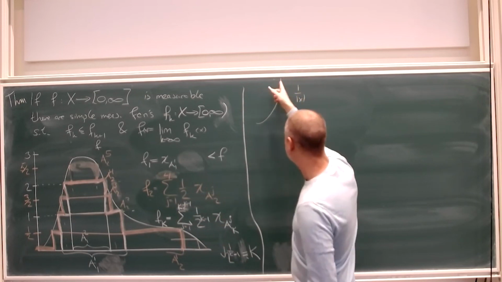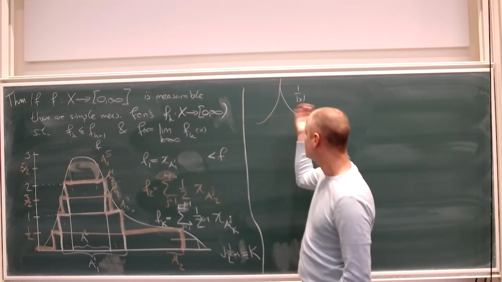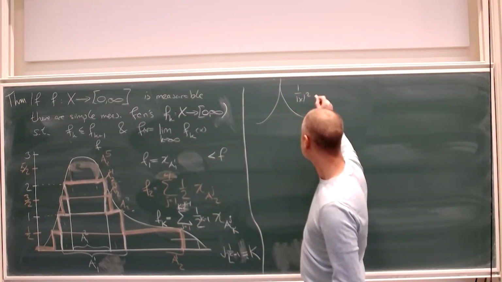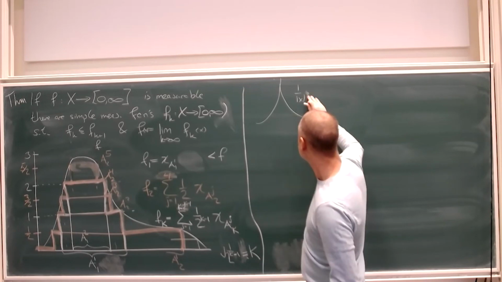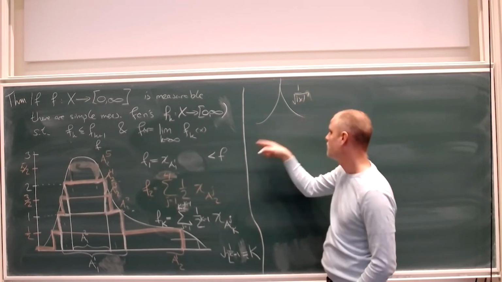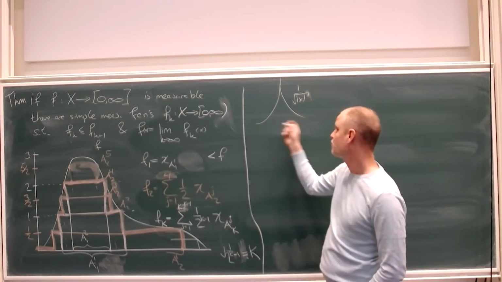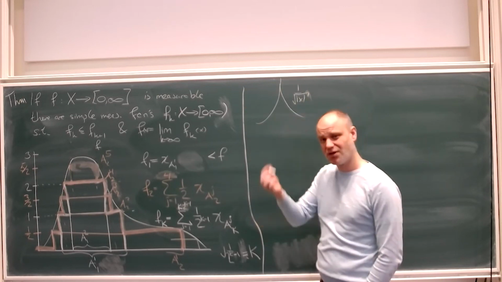So it is infinity, but only at the point 0. Let's take a square root here, so then the integral actually exists on a finite interval, from -1 to +1, let's say.